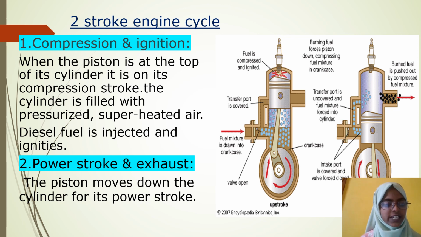When the piston is at the top of its cylinder, it is on its compression stroke. The cylinder is filled with pressurized superheated air. Diesel fuel is injected and ignites.